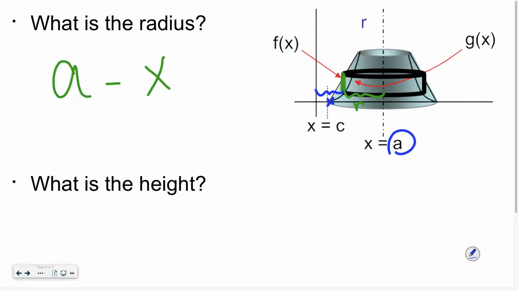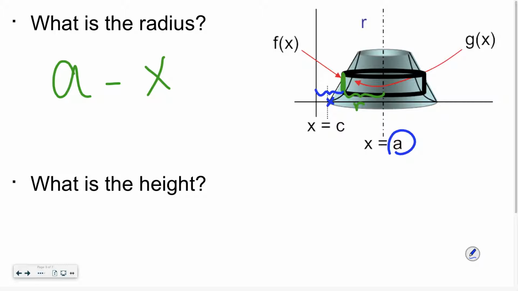In this scenario, our axis of rotation is to the right, so we are doing right minus left to figure out the radius. If our axis of rotation were on the left side, we would have to switch those around. I'll show you what that looks like in an example.